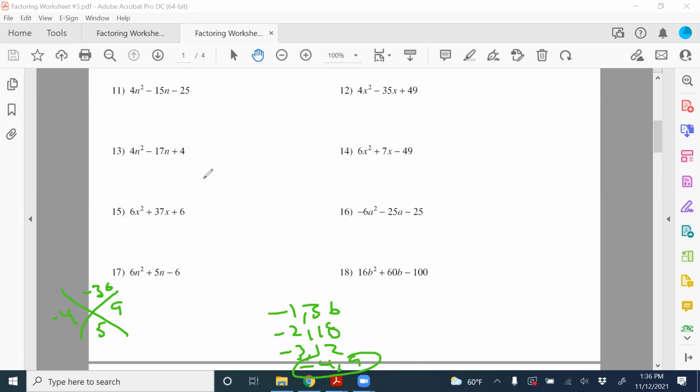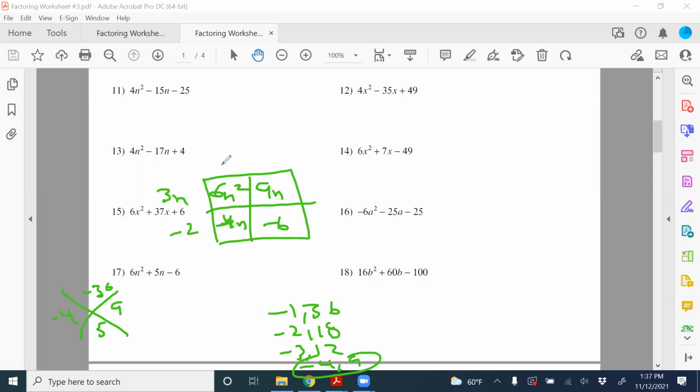Then you do the box. You put the first term in the top left corner. In the lower right corner, you put the constant. And the split terms, negative 4n and 9n. What can I factor on the first row? 3n. The second row, you do see a negative, so I'm going to pull out negative 2.